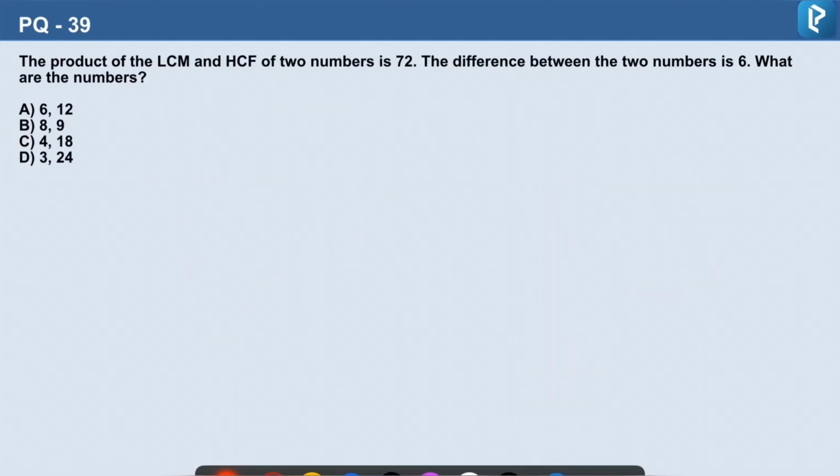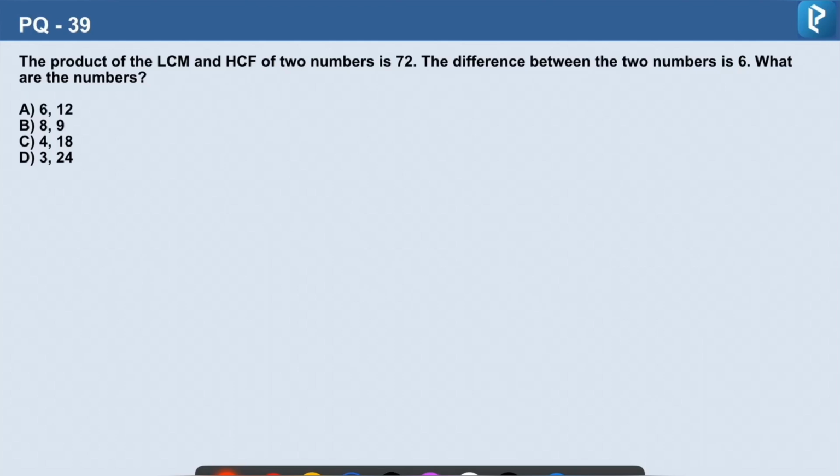Question number 39. The product of the LCM and HCF of two numbers is 72. The difference between the two numbers is 6. What are the numbers? So the difference between the two numbers is 6, and the product of their LCM and HCF is 72.